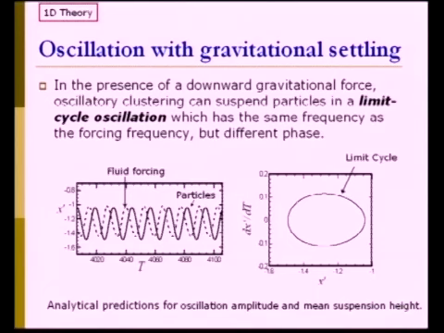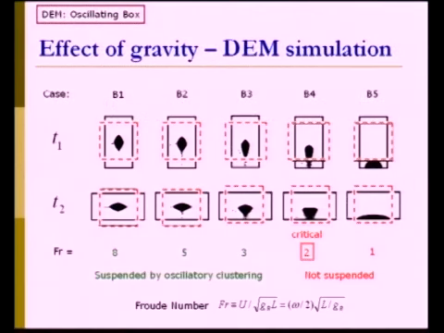You see there's a phase lag between the forcing and the particles, but the particles will just oscillate at a certain position, a certain distance from the nodal point of the straining. And theoretically, we can use Fourier decomposition to get an analytical solution for what the amplitude of this oscillation is and what the elevation of suspension is.